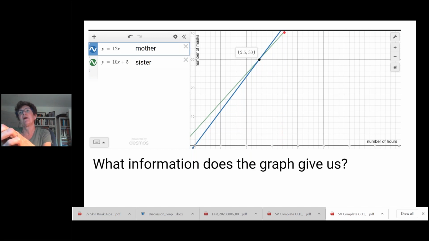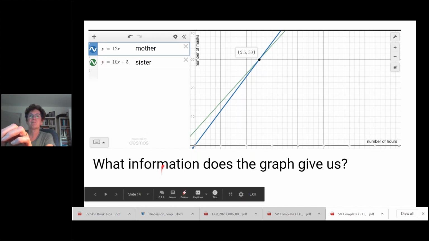Then they would have both made 40 masks. But we could check on that by substituting in 40 here and solving. How much time would that have been?